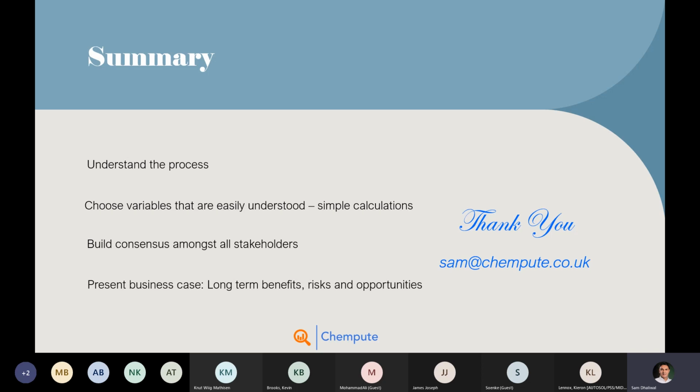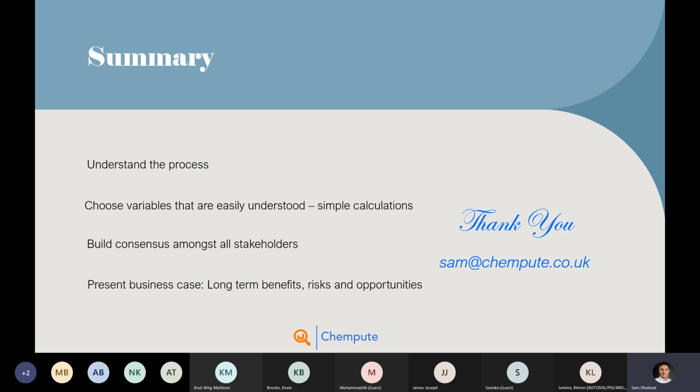So my last slide. In summary, I would say understanding the process is key to generating a business case. It's very important not just to look at the data, but also talk to people. And then choose the variables that are easily understood. So, don't try to overcomplicate things. Choose a maximum of a handful of variables, typically 2 to 4.